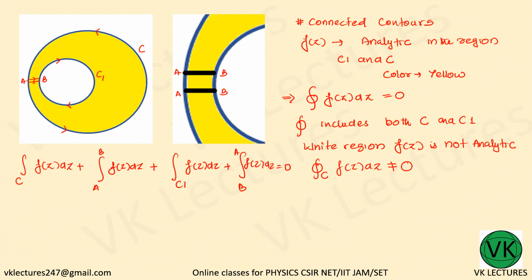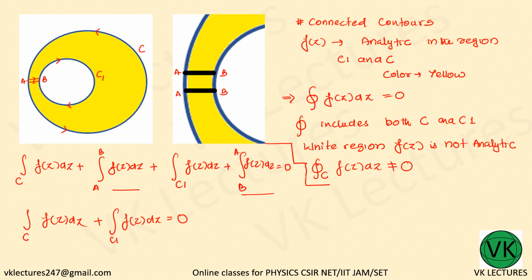So this is one thing. Now the integrals from a to b and from b to a of f of z dz together account to 0. So the integral over C of f of z dz plus the integral over C1 of f of z dz equal to 0.